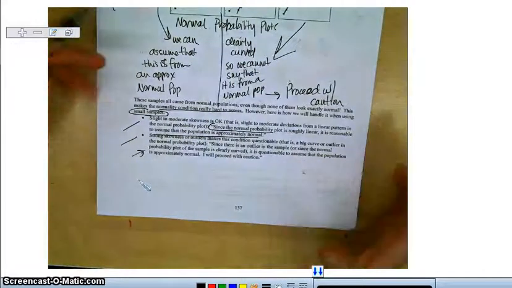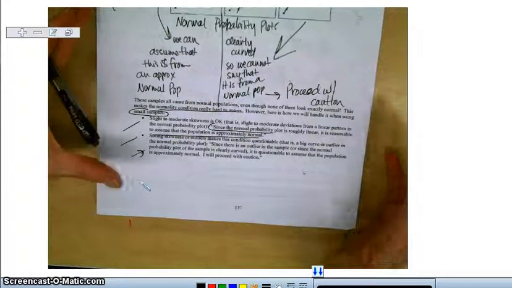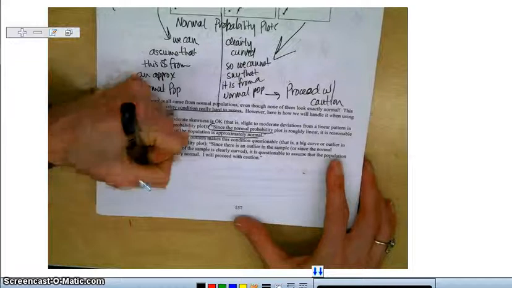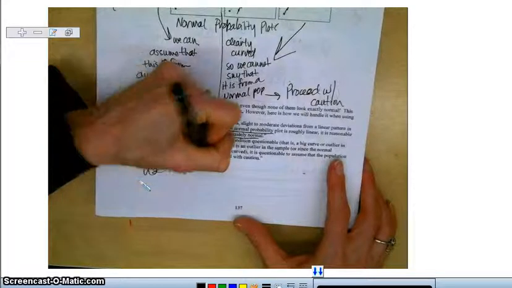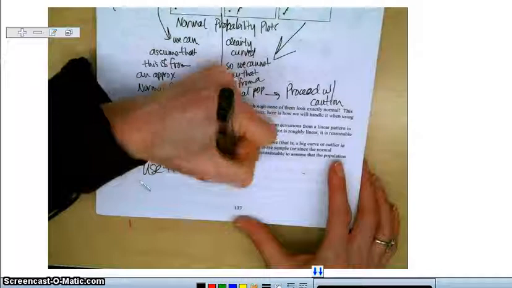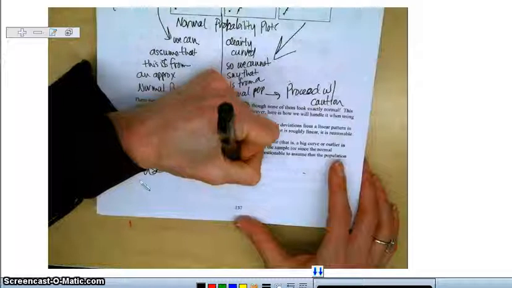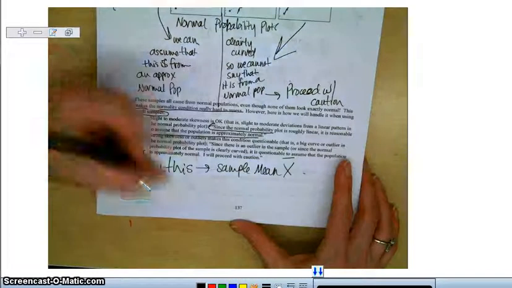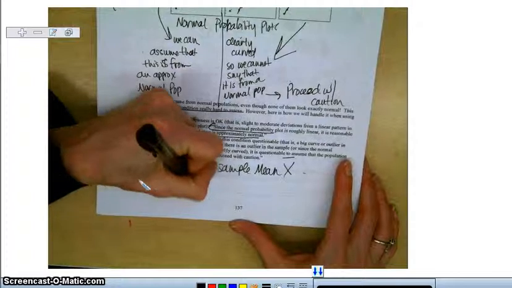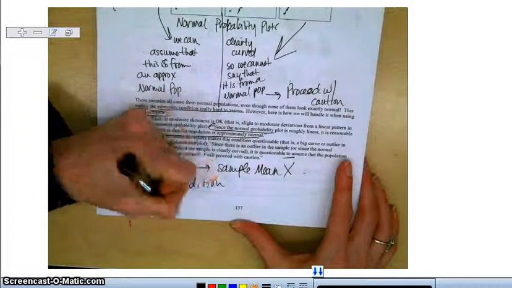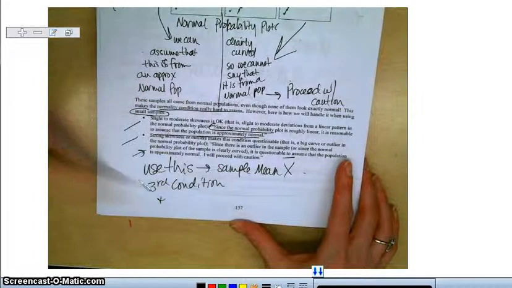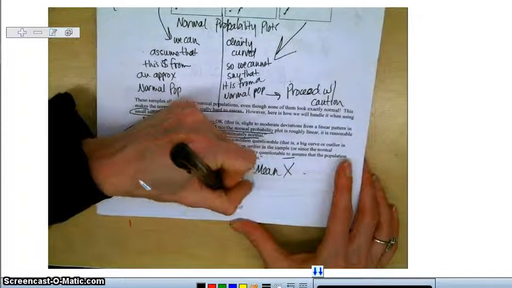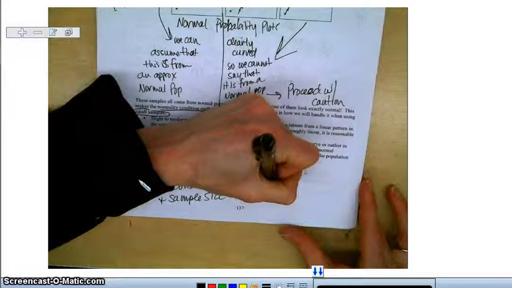So that's what you're going to do for the third condition, large sample size, if n is not greater than 30 and they give you the data. So we use this for the sample mean, x bar, third condition, sample size is less than 30 and the data is given.